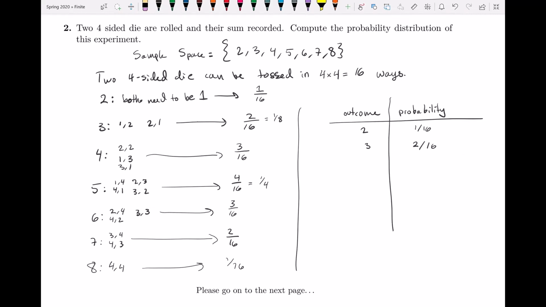Actually, let me remove these, they're annoying. 4 has probability 3 out of 16. 5 has probability 4 out of 16. 6 has probability 3 out of 16. 7 has probability 2 out of 16. And lastly, 8 has probability 1 out of 16. Actually, I kind of need them.